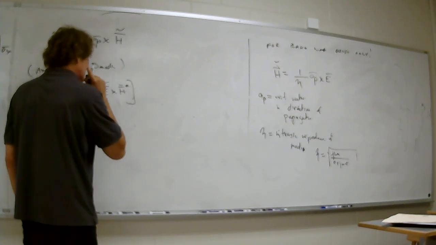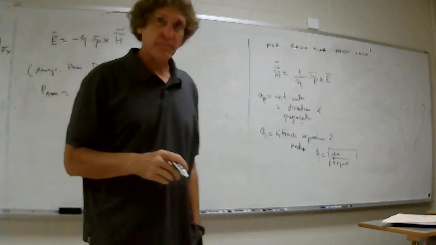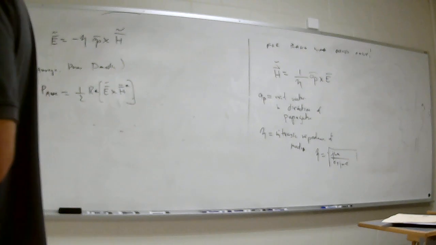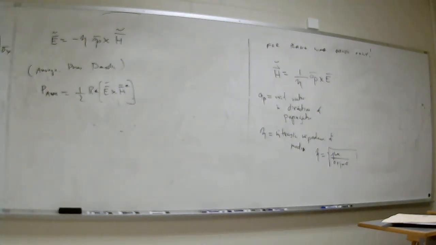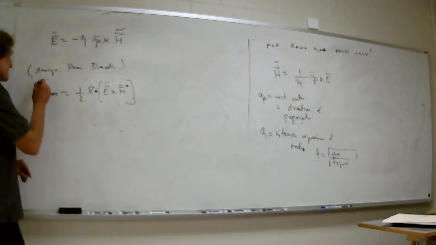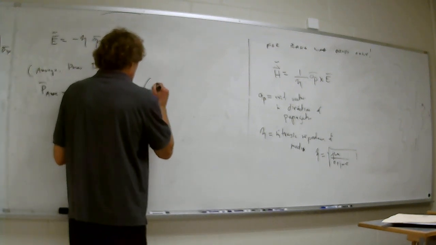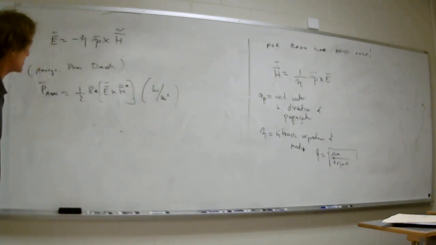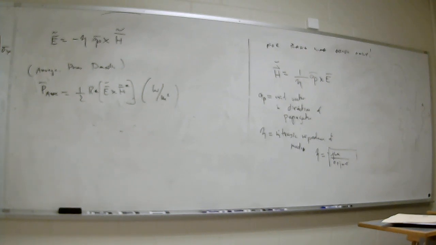Now, y'all remember how you did V cross I conjugate? Did you have that in circuits for power? It's 1/2 the real part of V cross I conjugate. The conjugates get rid of the imaginary component. This is the actual power density, and it would be in watts per meter squared. Now, this is all assuming sinusoidal notation and stuff like this. I'm going to get back to this problem in a second.